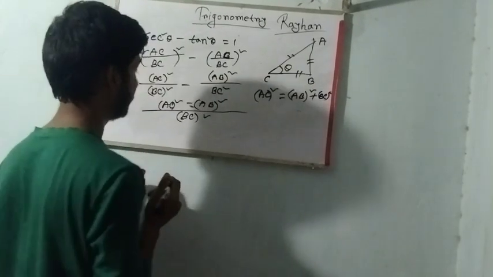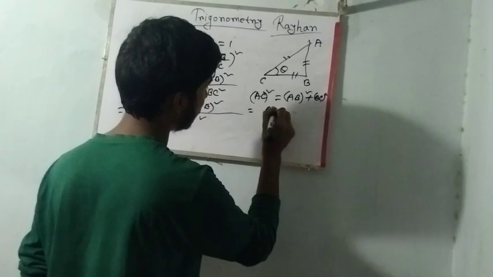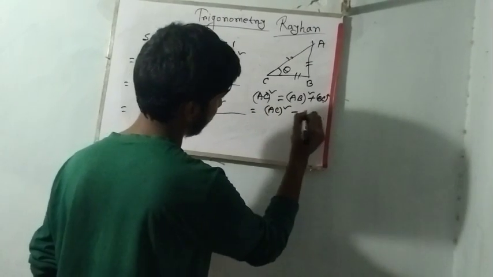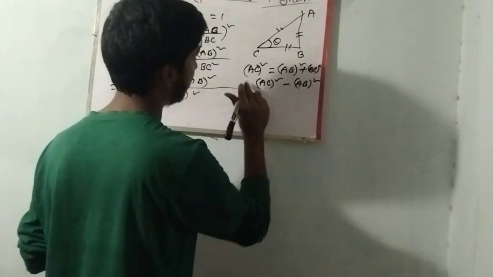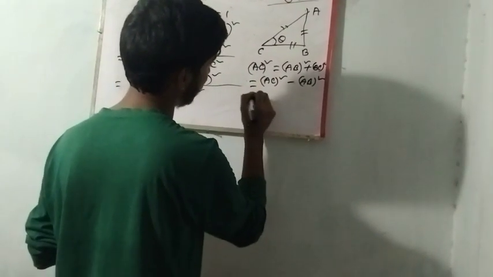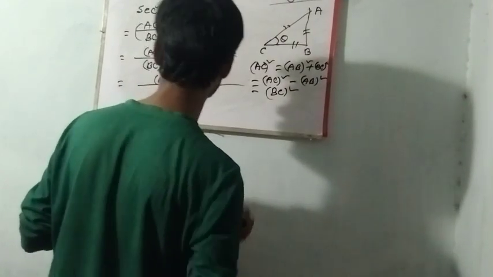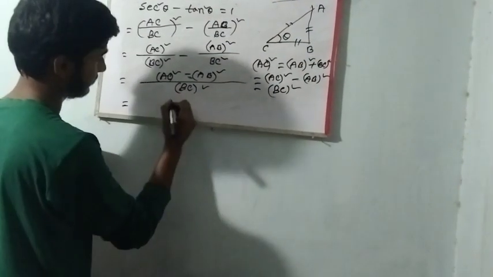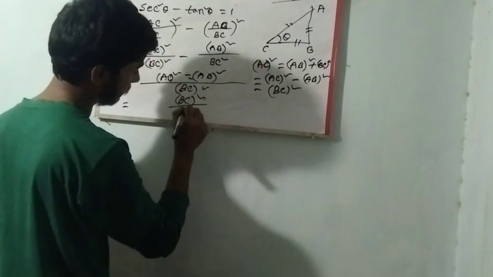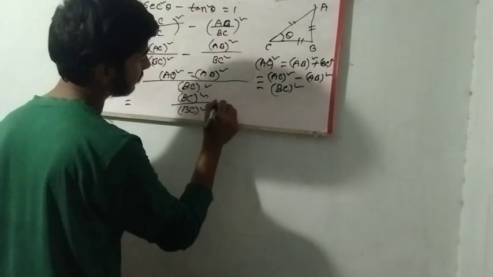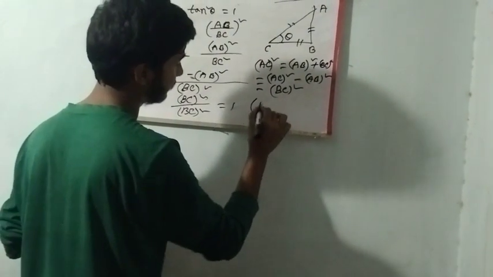If we talk about the b square, then it will be h square minus p square. That is equal to BC square. So we can say that BC square divided by BC square equals 1. That is, the identity is proved.